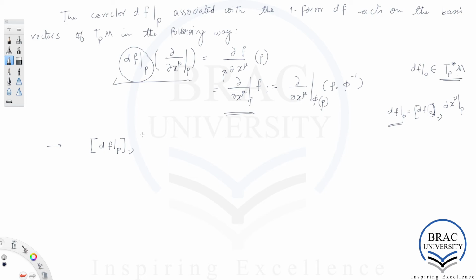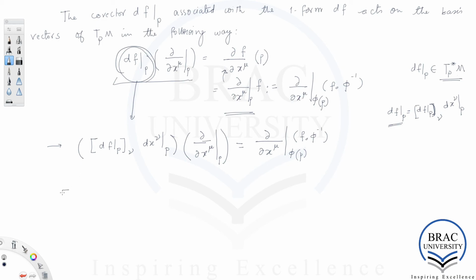So now we are going to write it as this. This is only df at p. Okay. And this guy acts on this basis element of TpM, right? And on the right side is this expression, del by del x mu, evaluated at phi of p of this expression. Okay.